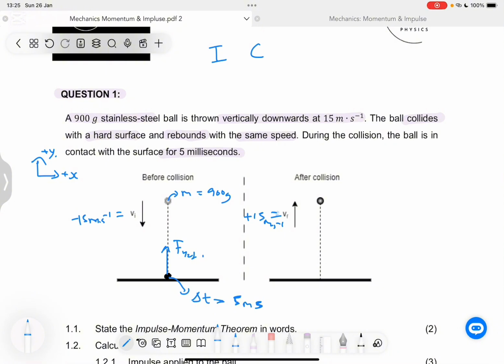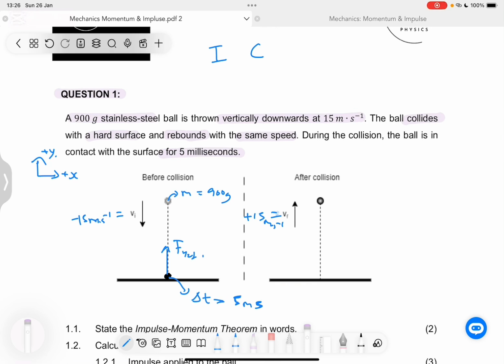We spoke about this in our 2 previous lessons. Now, from this information, I can see that I have time, I have a force, I could produce impulse. I also have the velocity and the mass, and also final velocity and the mass. So that means I can talk about changing momentum, because the momentum would change here, V final minus V initial.